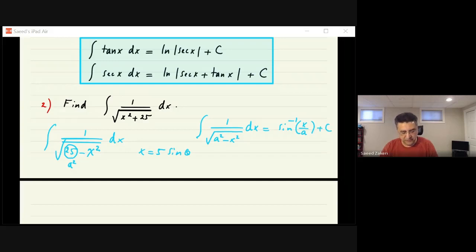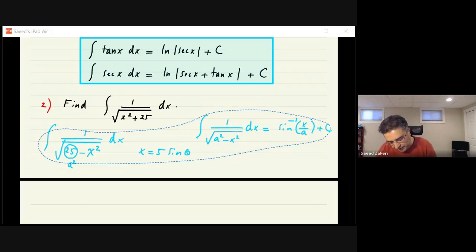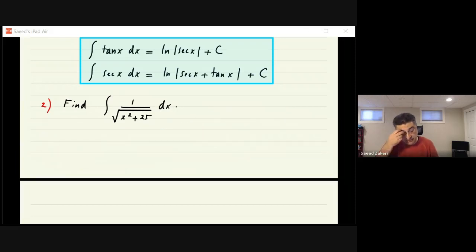So if instead of x squared plus 25, you had 25 minus x squared, it would be a piece of cake. It would be much easier, because this would have been the type of integral we've seen before. But this is a different problem. It's x squared plus 25, and as such, we need a different method.